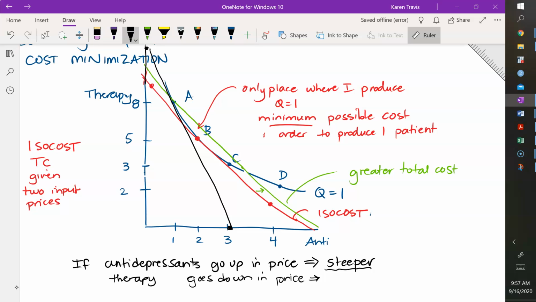And so those two together have moved my isocost. And now you notice that it's better in this case from an efficiency standpoint to go for 8 units of therapy and 3 units of antidepressant. And so this would be the new cost minimizing way to produce.